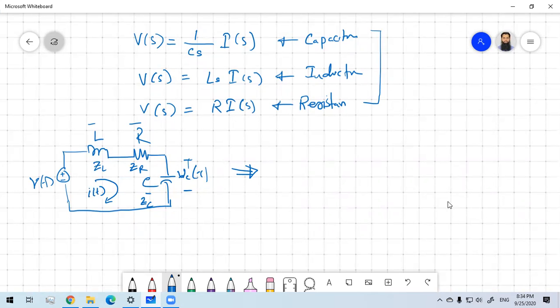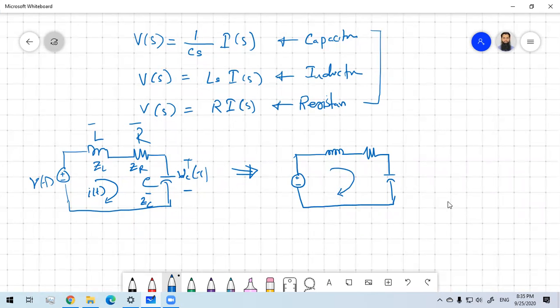IT. So what we are going to do here is we'll give the inductor in terms of their impedance. Then you have the capacitor, then the resistor and the capacitor, as well as your voltage source, as well as your current in the loop.